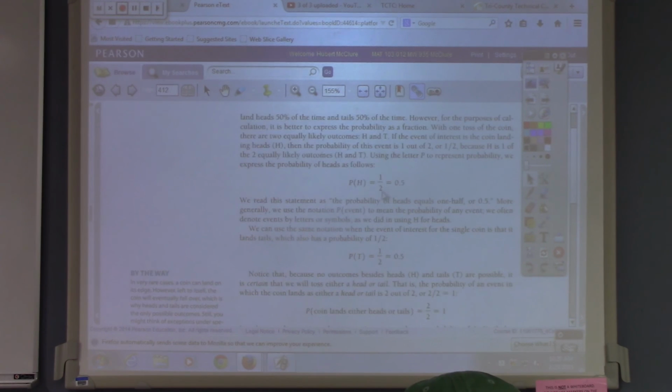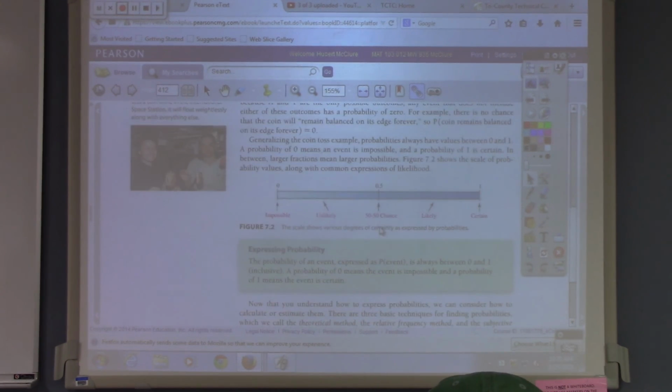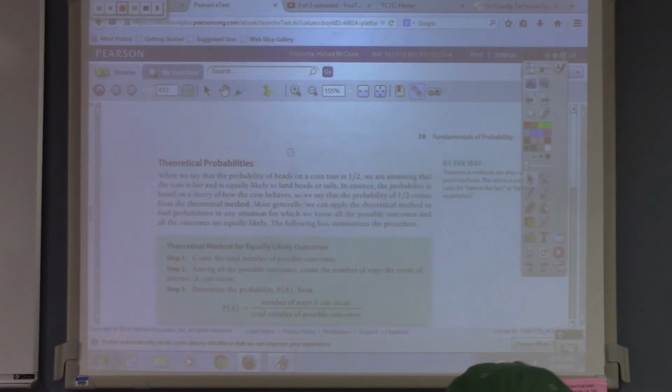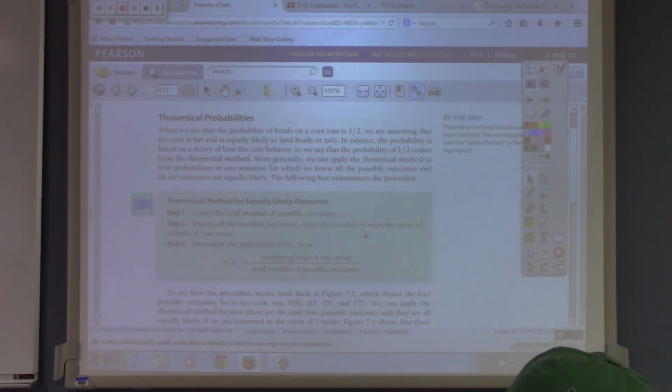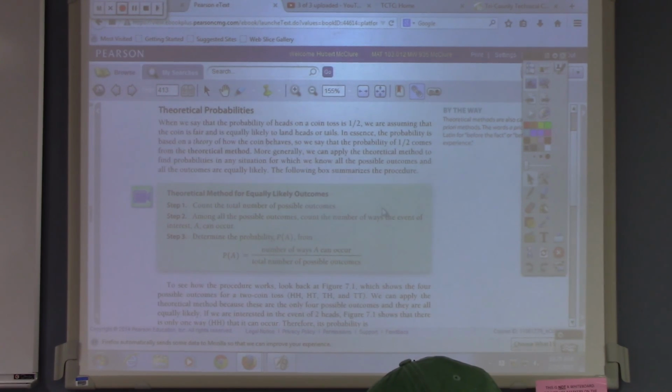The scale on page 412, the blue scale, and 413, the green box.